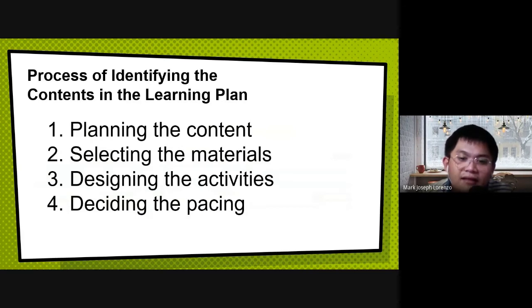So keep in mind that contents, objectives, performance standards, learning competencies are clearly described in K-12. Nandun na siya sa curriculum guide. Can we change the content? The answer is no. Can we change the objectives? The answer is no. Can we change the performance standards?